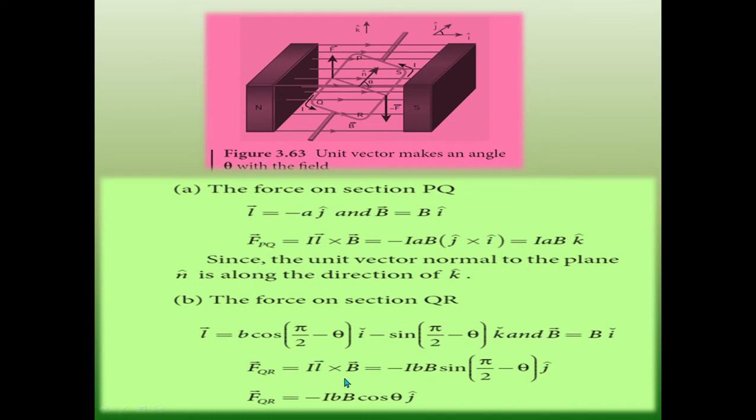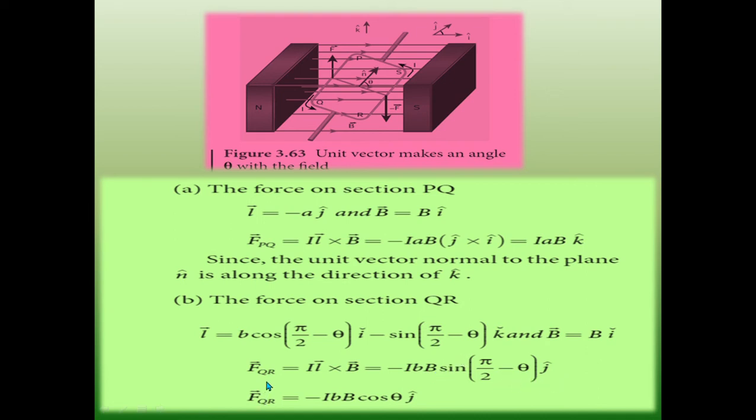Here I cap cross k cap is minus j cap. So we can write only the sine component: minus I b B sine(pi by 2 minus theta) j cap.